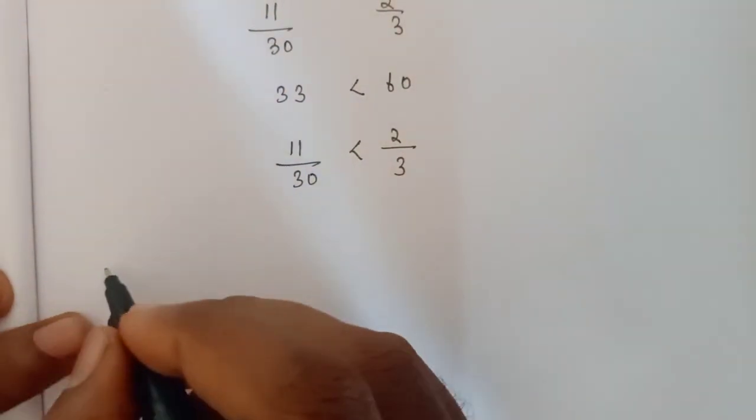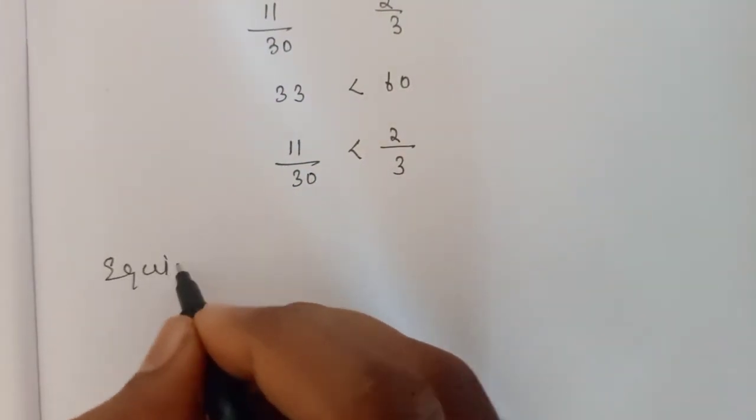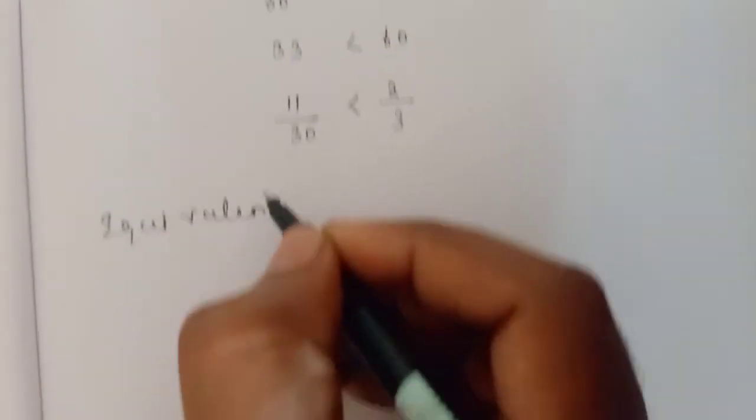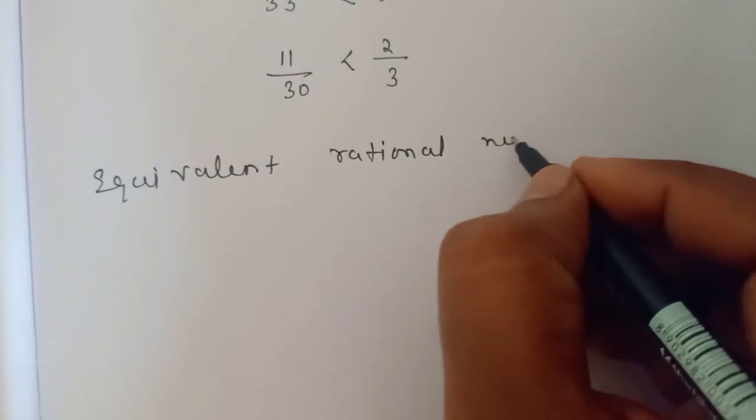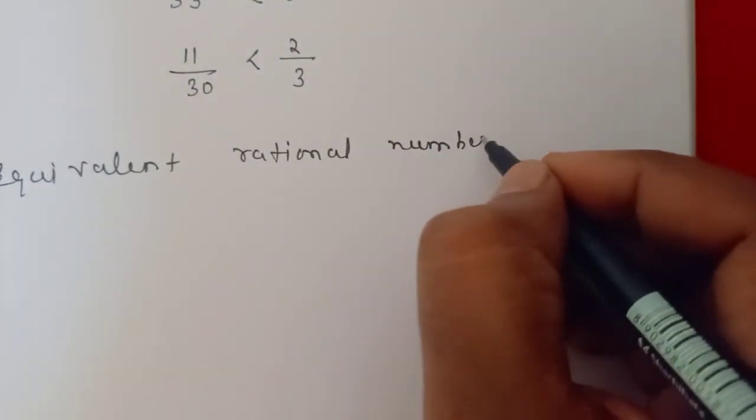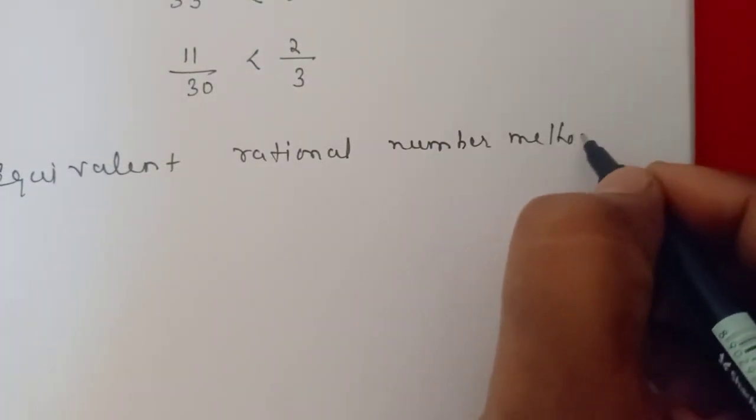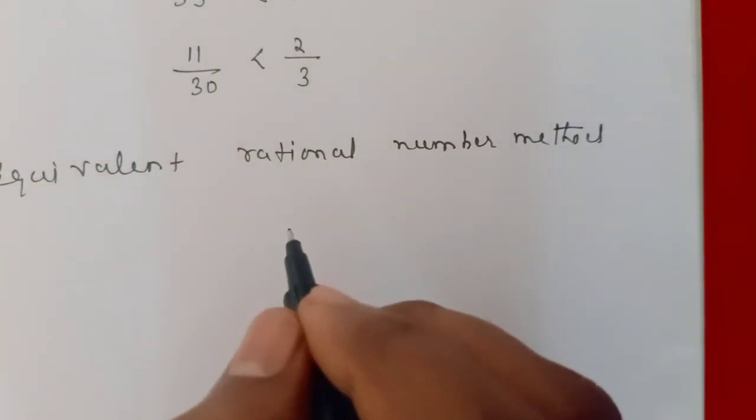The next method is the equivalent rational number method. How does it work?